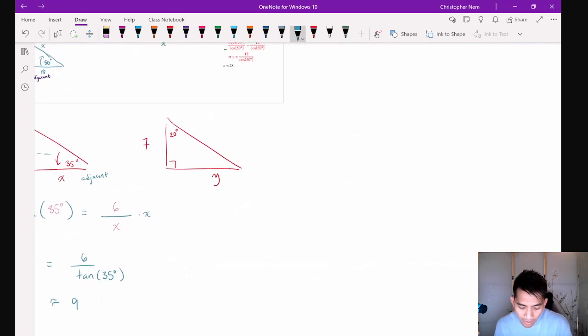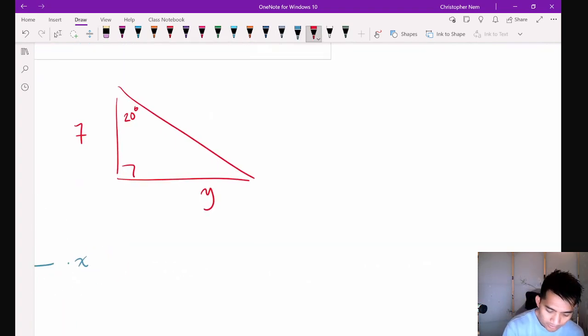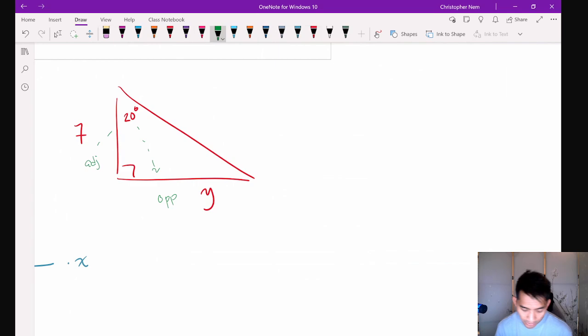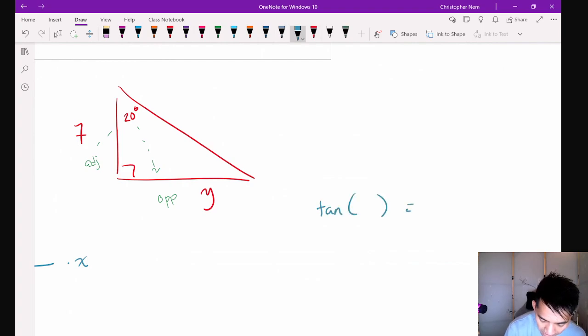Alright, now we're working on this one right here. The relationship between 20 and y this time: this bottom one is opposite, and this one is the adjacent because the hypotenuse is along the side. So I'm still using the tangent function because I have opposite and adjacent. So tangent of something equals something.